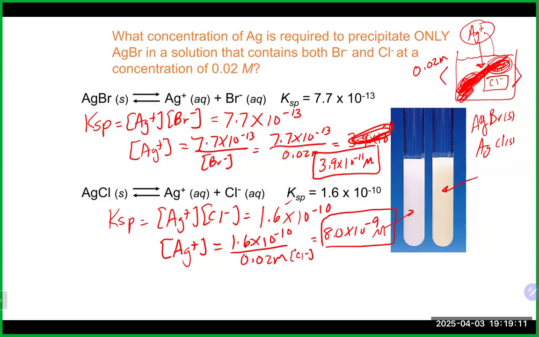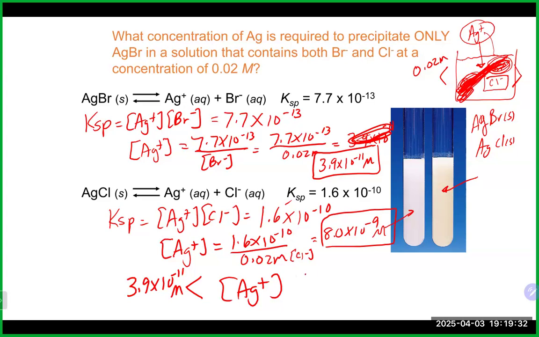So by doing this calculation, what we can see is if we take the concentration of silver and we have it greater than 3.9 times 10 to the minus 11 molar, we will start to see bromide precipitate out as silver bromide.